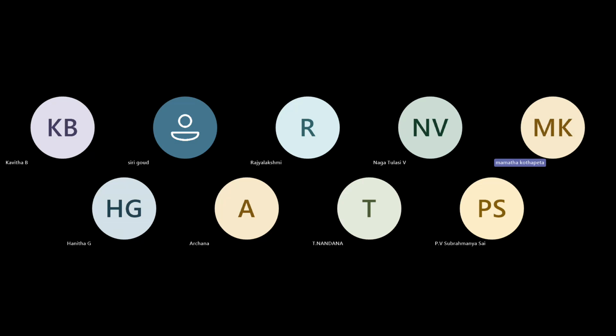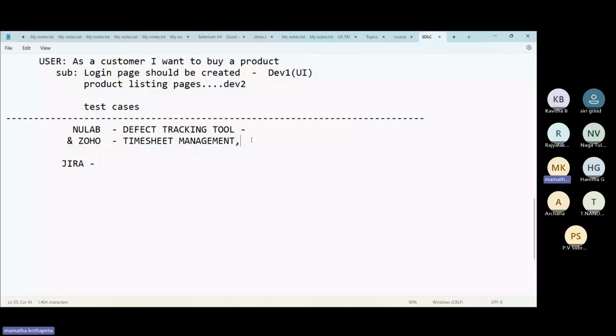Okay. Now coming back to our point. Zoho started with timesheets, and now they slowly came into a project management tool, and inside the project management tool, everything is coming.